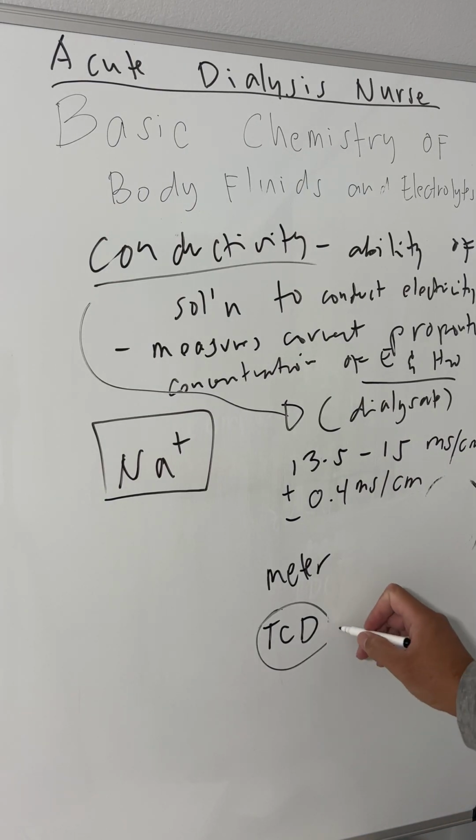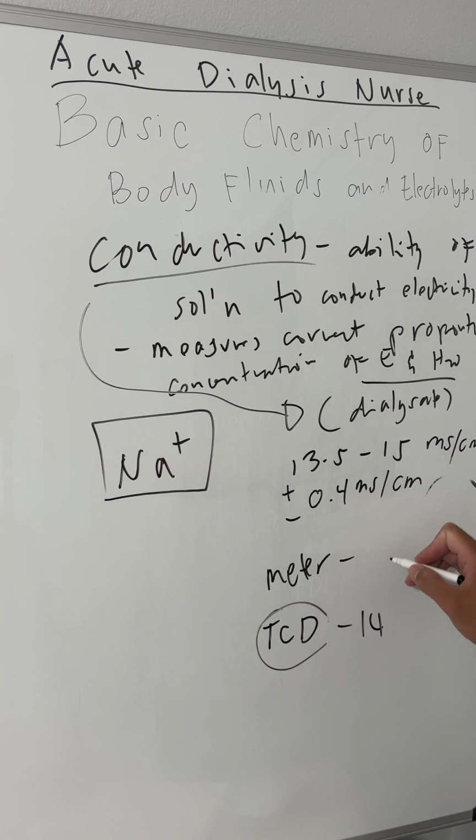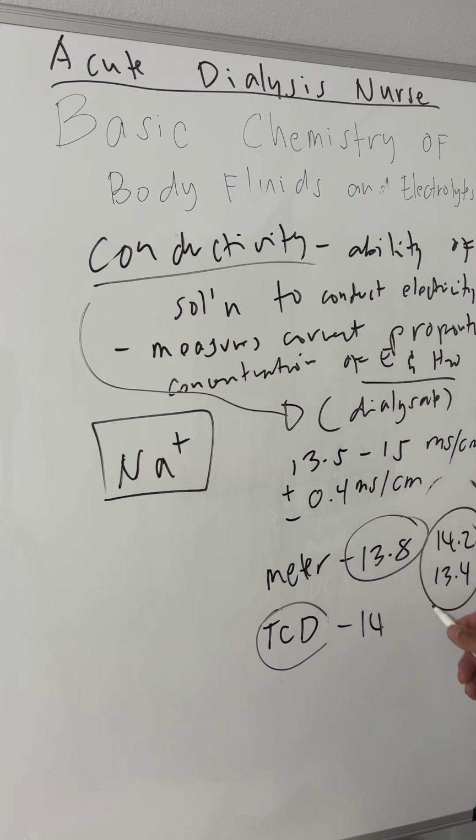Say your theoretical conductivity is 14, and then your meter reads 13.8. Is this acceptable? You do the math: 13.8 plus 0.4 is 14.2, and minus 0.4 is 13.4. So this is acceptable because the theoretical conductivity of 14 is within range. So that's how you check the conductivity of your dialysate.